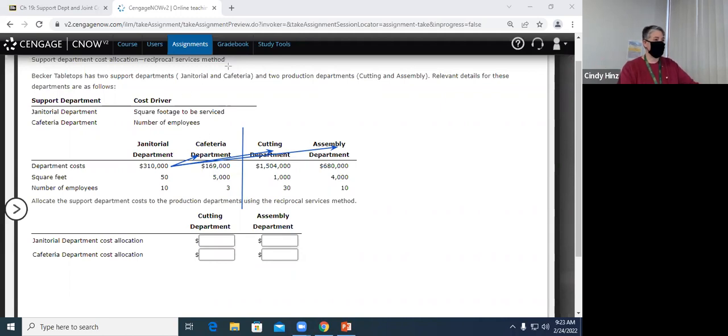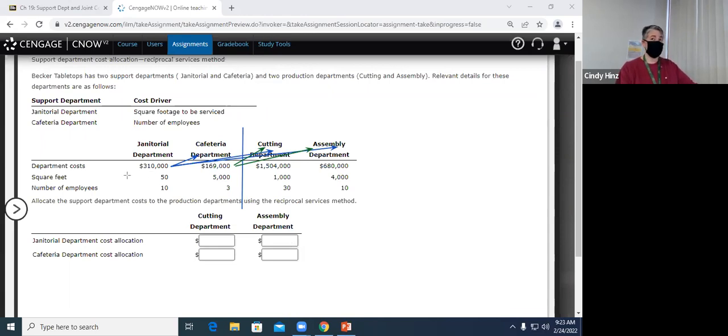And then we would take the cafeteria department cost, again, the 169 plus whatever came from janitorial, and we would allocate that to the remaining departments, which happen to be just the production departments. So that's the step down. We recognize that the support departments use services from other support departments. And we decide which one to allocate first.